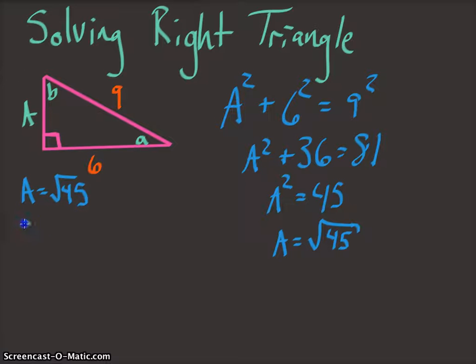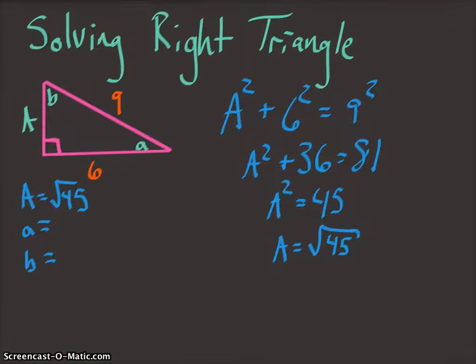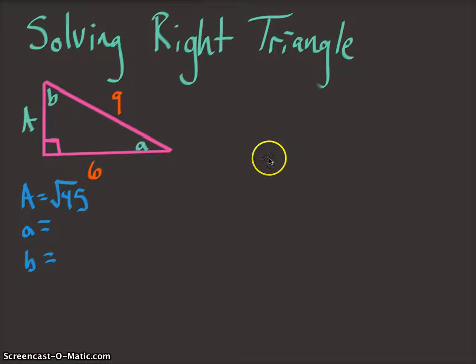Now we want to find little a and little b angle measures. To solve for angle A, we're going to use a trig ratio. Since we know the side length is the square root of 45, but let's just use what we started with originally.